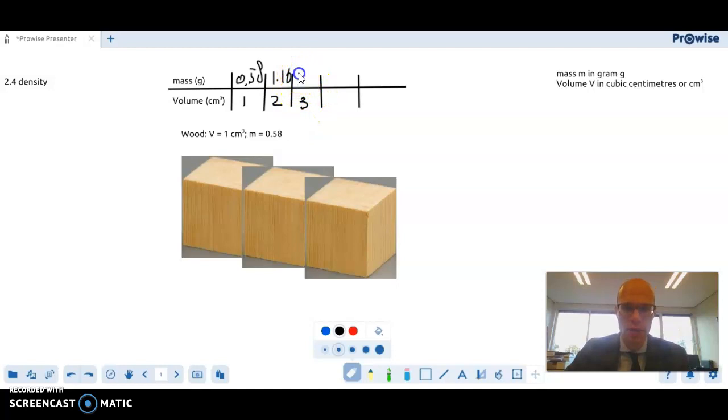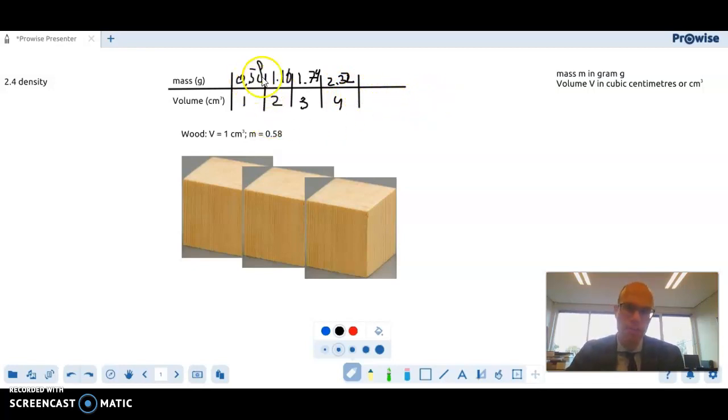So that is 1.74. And we can continue with 4, and so on and so on.